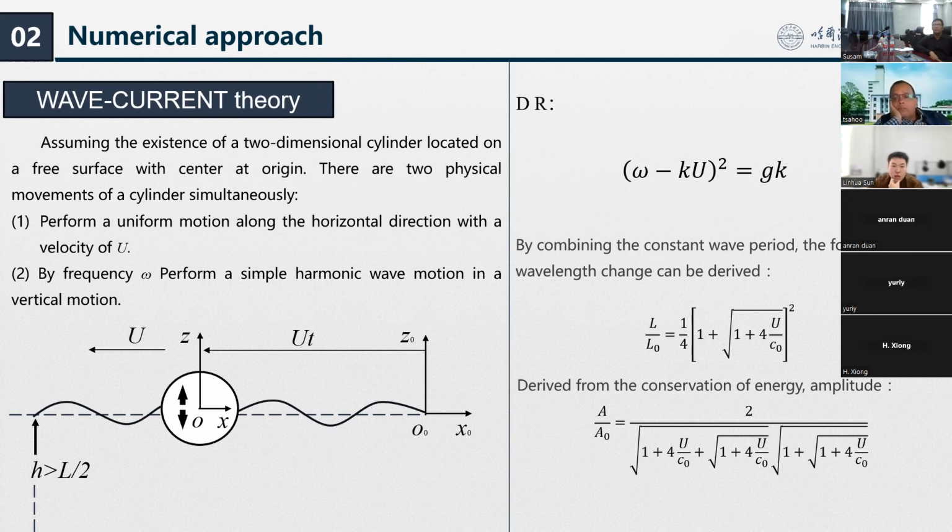L0 means only wave, and L means wavelength. C0 means the wave speed without current. A means the amplitude with current, and A0 means the amplitude with only wave.